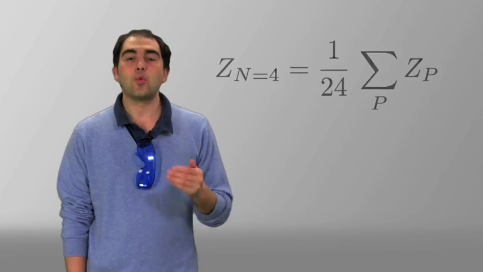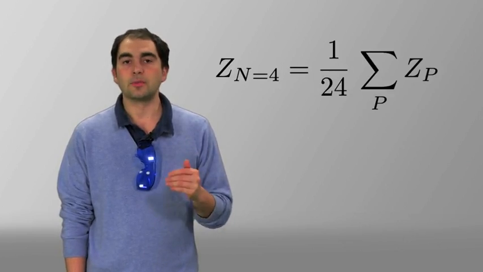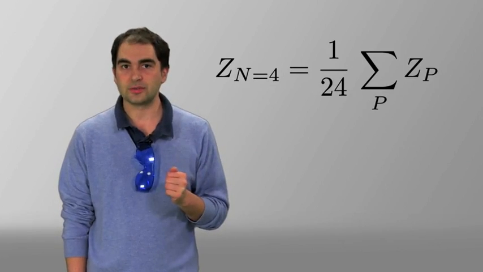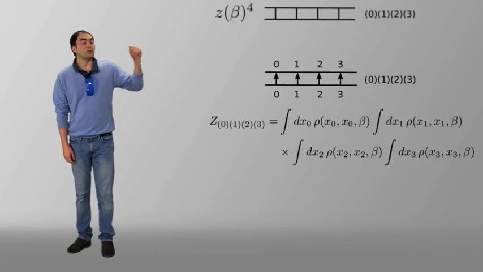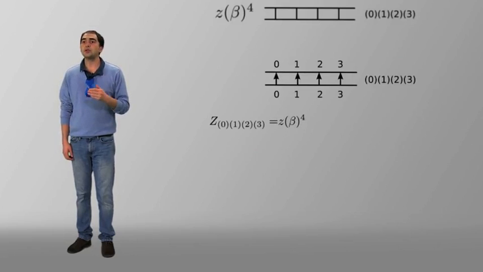In this week's lecture, Werner already discussed that the partition function associated, let's say, with 4 bosons is given by 1 over 24 times the sum of the partition functions associated to the 24 permutations. Here, for example, the first permutation corresponds to little z of beta to the power 4.